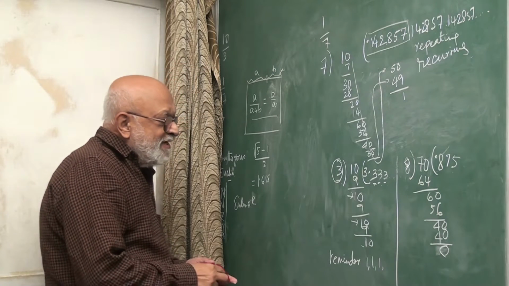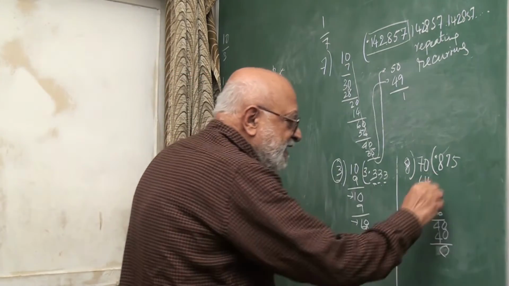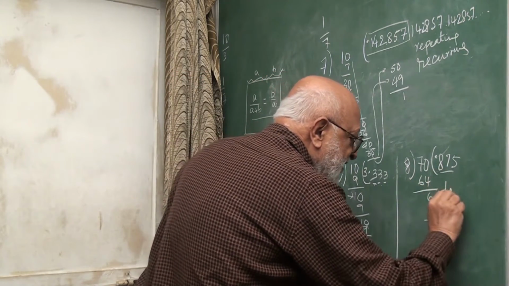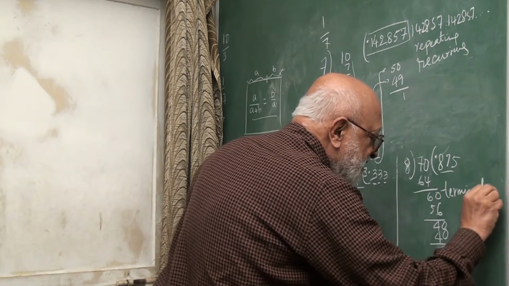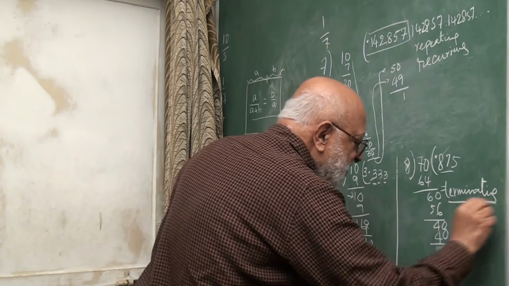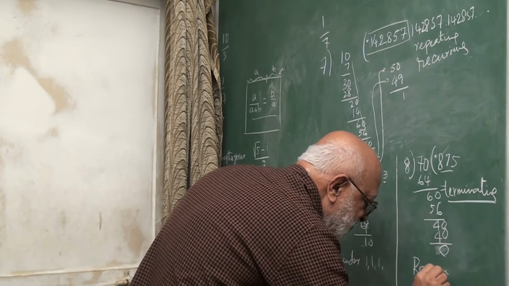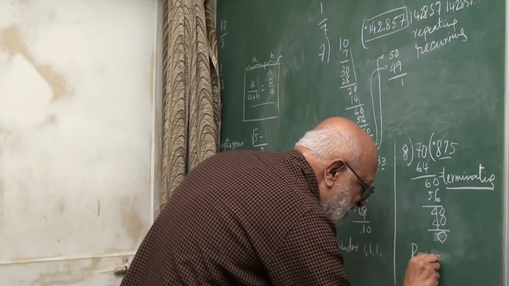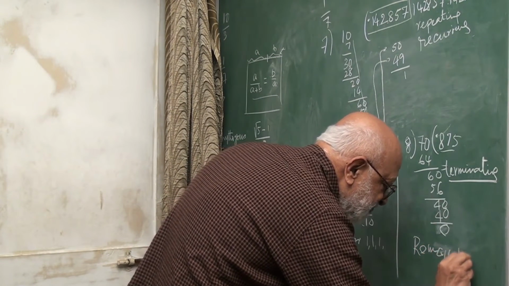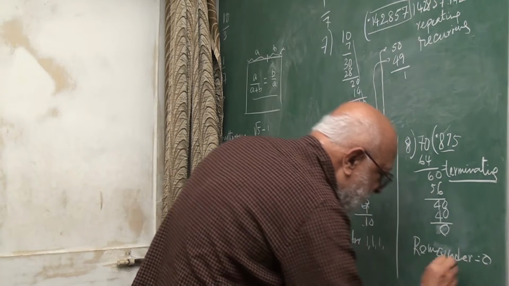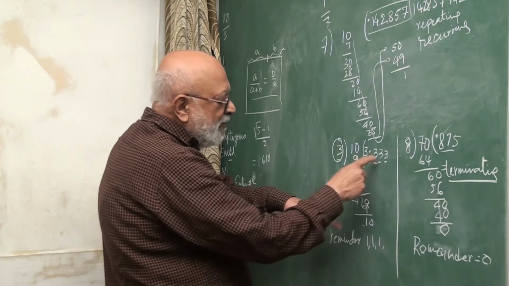So in one case there is a specific end, so this we can call terminating. Terminating means the remainder is equal to 0. In this case, the remainder keeps on happening.